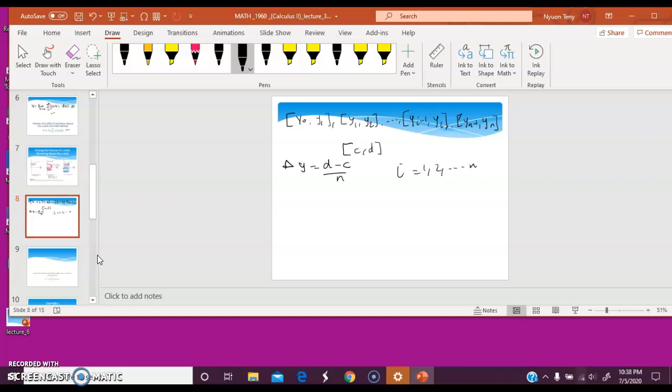First let's say v sub i is the midpoint, so v sub i is equal to (y(i-1) plus y(i)) divided by 2. Then V sub i is equal to 2 pi times v sub i times g of v sub i times delta y.